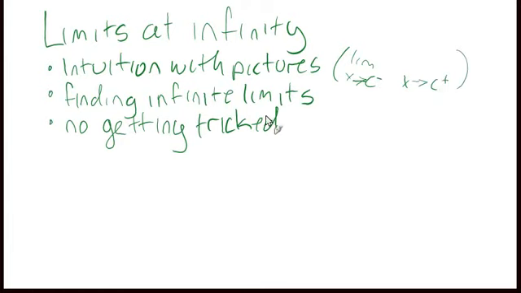We're going to be able to find limits at infinity once we understand what causes a limit to go to infinity. And then we're not going to get tricked when we're finding those limits, especially when we don't have a graph to look at. We're going to just have a function, an equation to use. So let's get started. Let's start with an intuition with pictures.